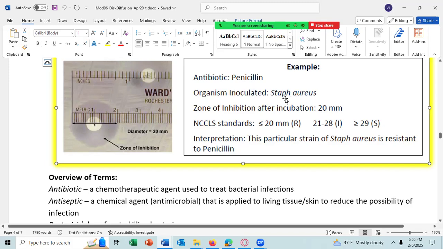And that will be a table having all the species you can think of and all the antibiotics you can think of. So it's a very large table.